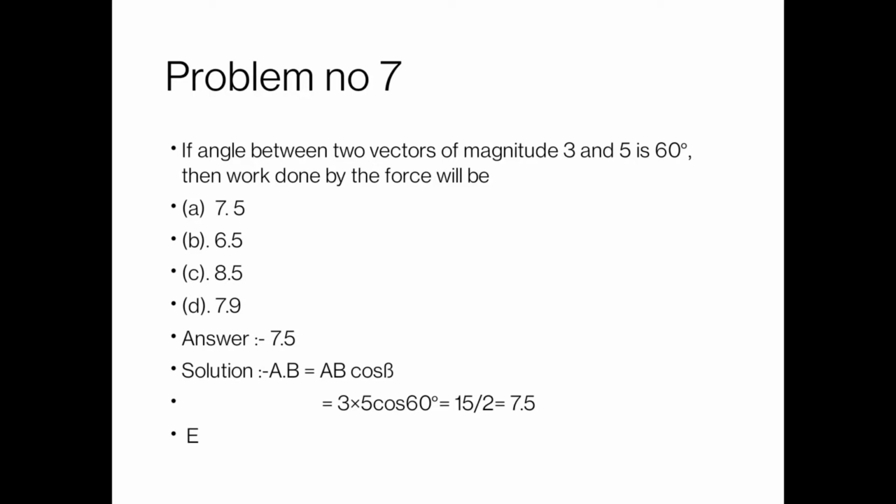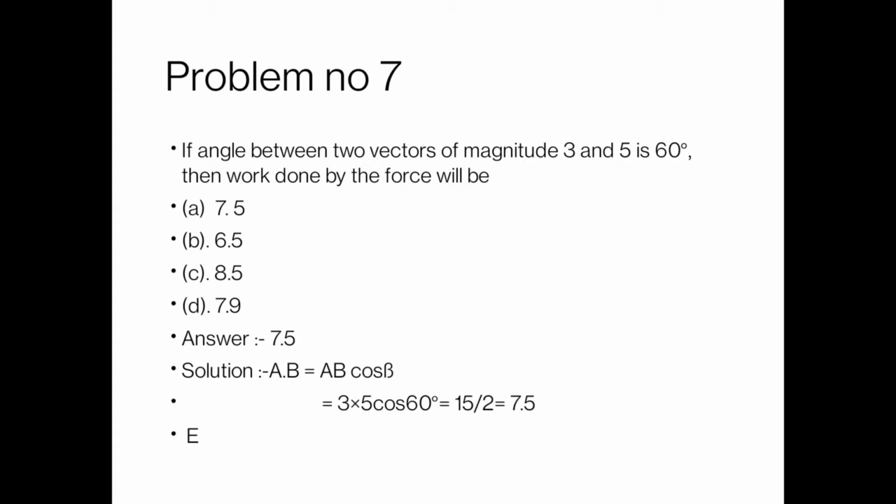Problem number 7. If the angle between two vectors of magnitude 3 and 5 is 60 degrees, then what will the work done by the force be? Work done W is equal to Fs cos theta, which is W equal to AB cos theta.